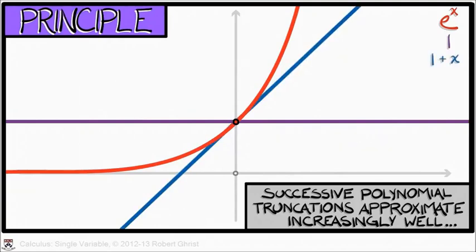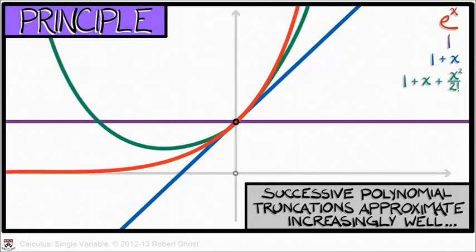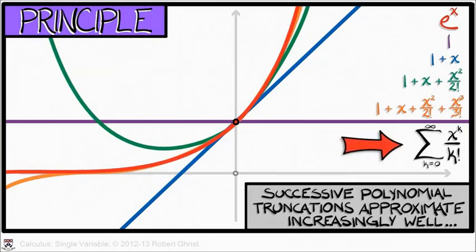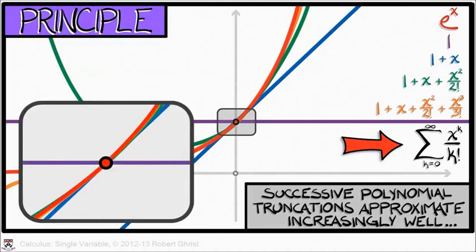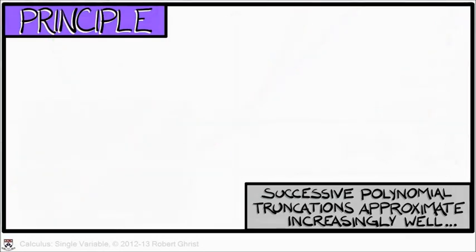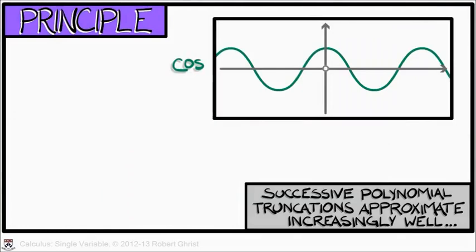But if we keep going, looking at 1 plus x, or 1 plus x plus x squared over 2 factorial, or continuing to include the cubic term as well, then we see that we're getting closer and closer to what the graph of e to the x looks like, especially if we zoom in very, very close to what's happening near the origin. Does the same thing work with the other series that we've looked at?